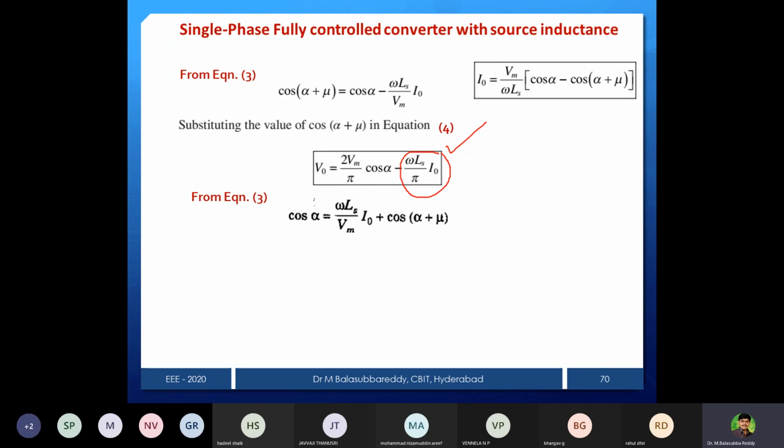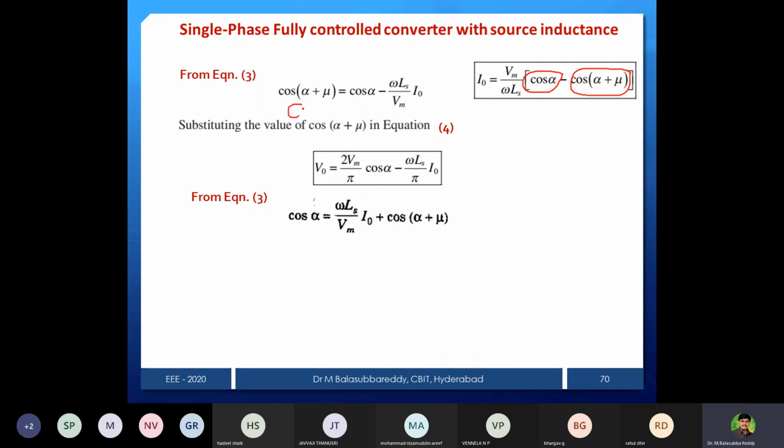That's what I mentioned. That is another way of representing the load voltage also, because in this we get alpha. But suppose the overlap angle is required, then the same thing in the previous expression, instead of cos alpha plus mu, you just replace cos alpha.